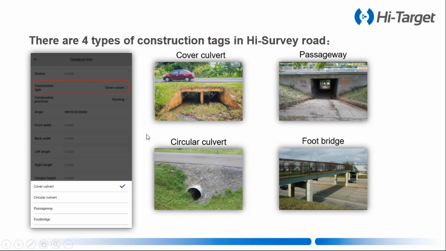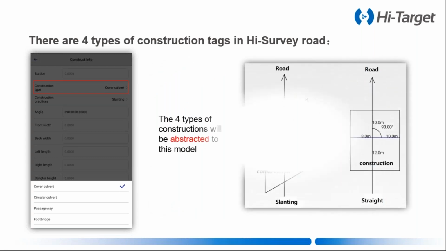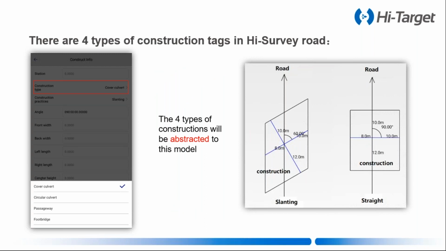But don't worry, in Highsurvey Road, these 4 types of construction are abstracted to one mode. Here you can see this picture. This is the only one mode for the 4 types of constructions.